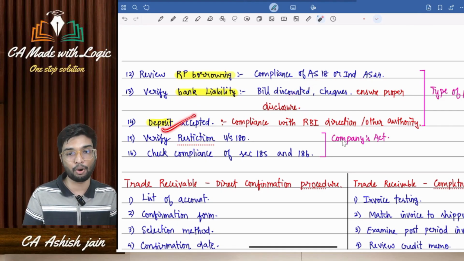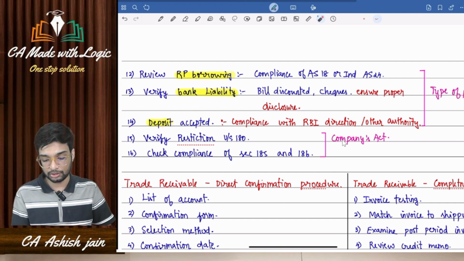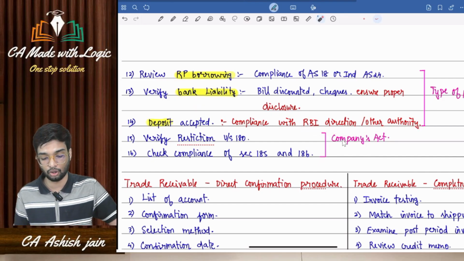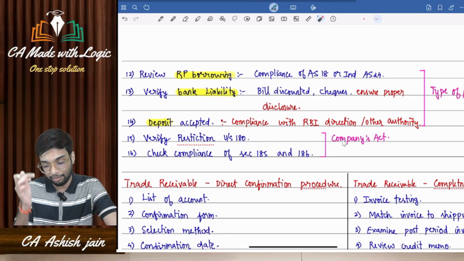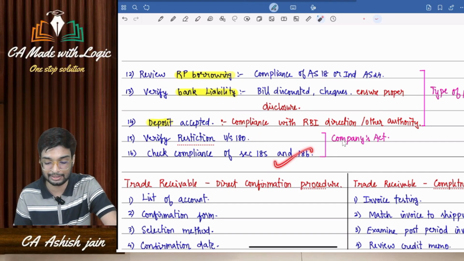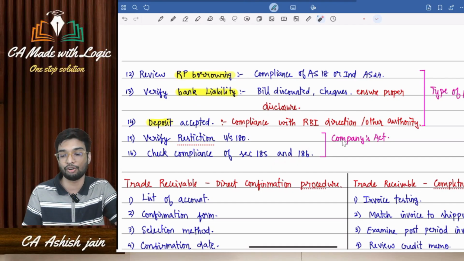Then a company can accept deposits from the public. For deposits, the auditor has to make sure that the company has complied with RBI directions and other authorities. Then verify the restriction under section 180 of the Companies Act. Check compliance with sections 185 and 186 of the Companies Act.